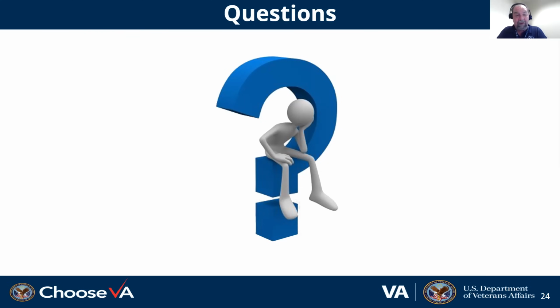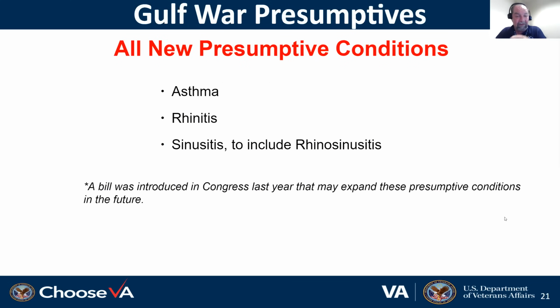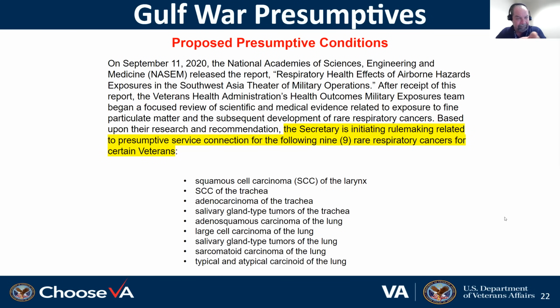However, hopefully if you saw on the slide about the new conditions that the secretary is addressing, and coming up with a game plan, right there at the very beginning, what you see is that they're basing this upon studies and reports that have come out of the National Academy of Sciences, Engineering, and Medicine.